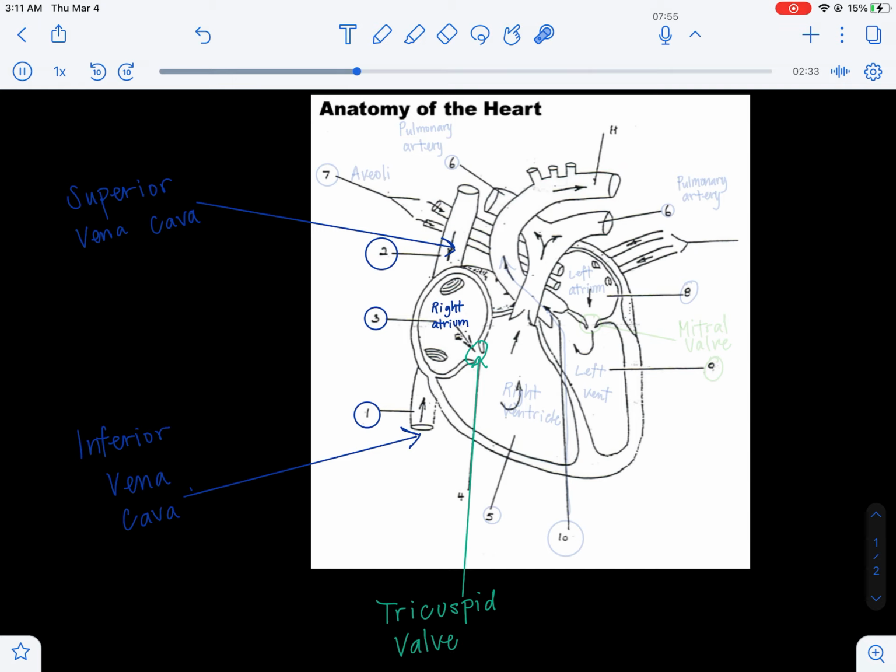Next is going to be the right ventricle. Right here, right ventricle. So that's number 5.